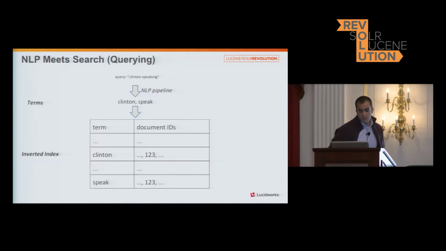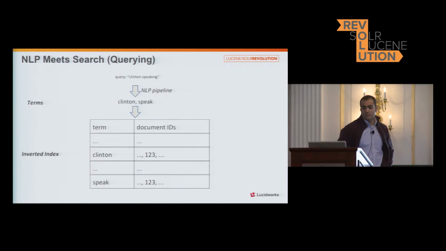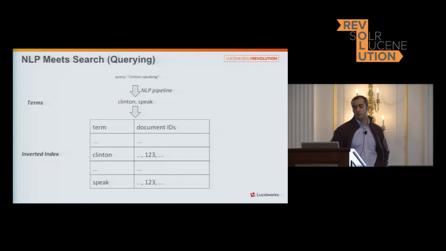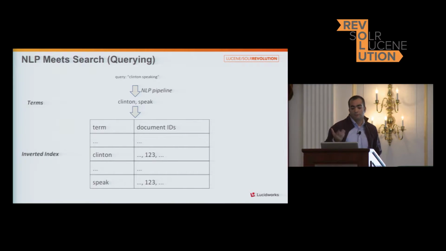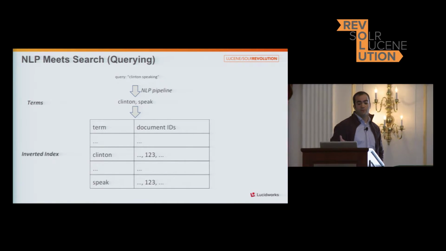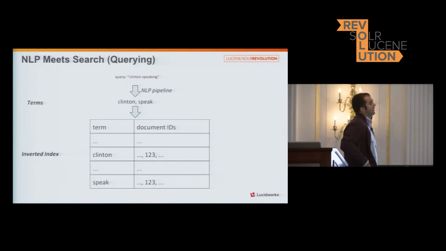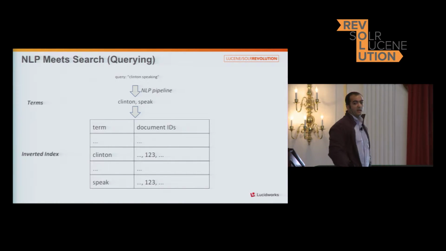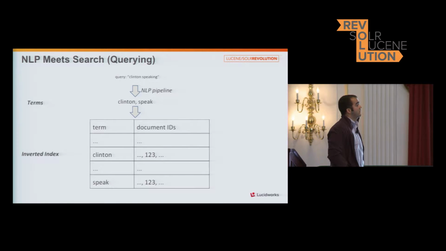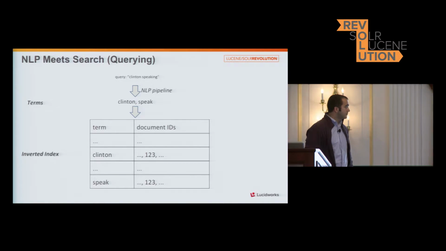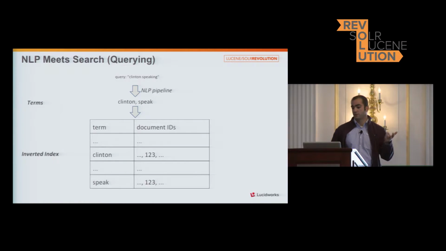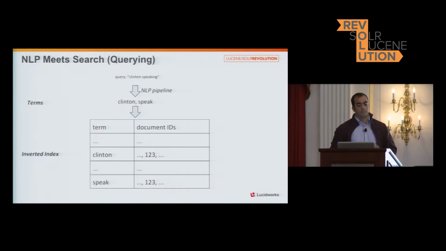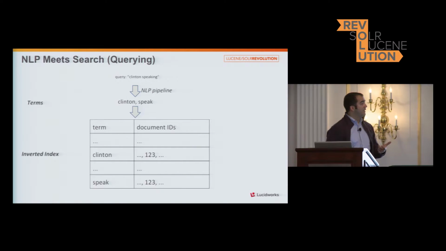This should be a pretty straightforward diagram of the basics of search. This isn't even Solr, but generally, on the query side, this is where NLP, natural language processing, fits in. On the query side, you start with some query string, Clinton speaking. This is your search box. That goes through an NLP pipeline.